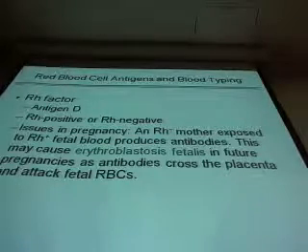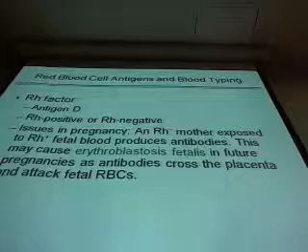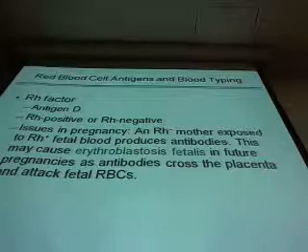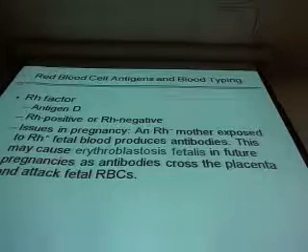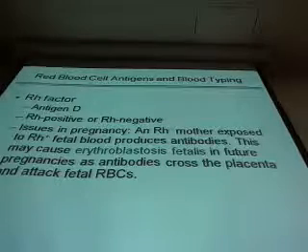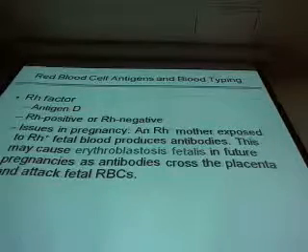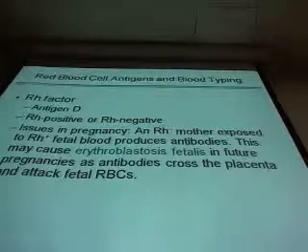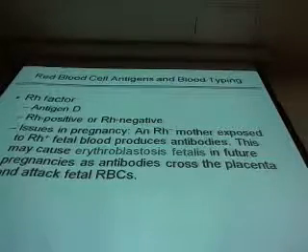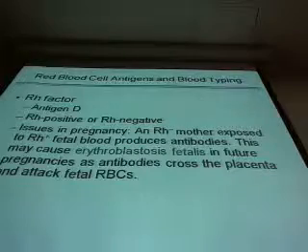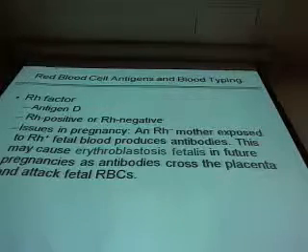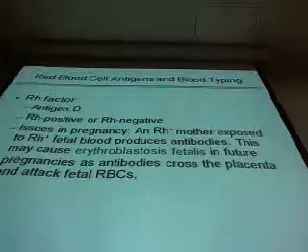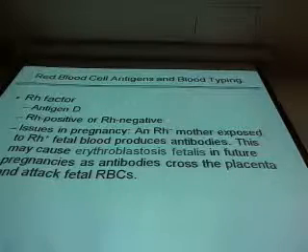So what we were talking about earlier is a mother who is RH negative. If the baby is RH positive, sometimes the cells from the baby can cross the placenta and get into the mother's blood. So now you have an RH positive cell in an RH negative mother.